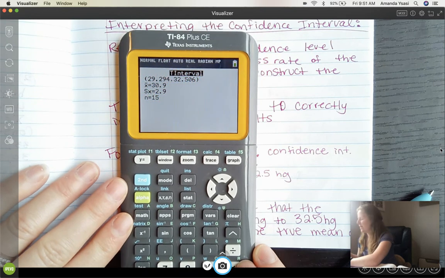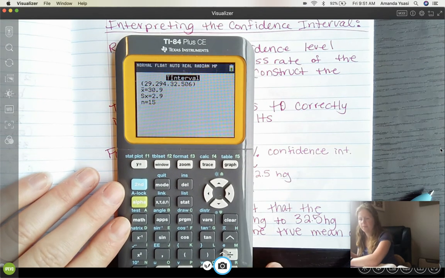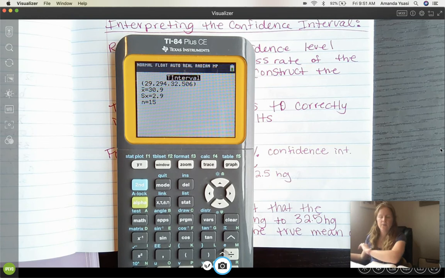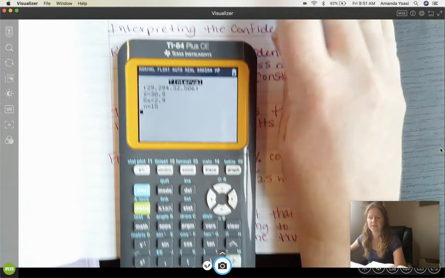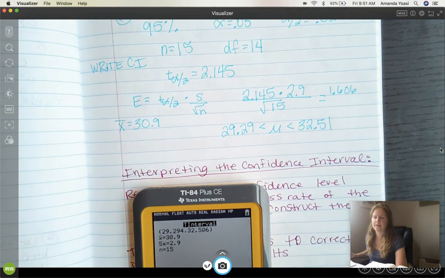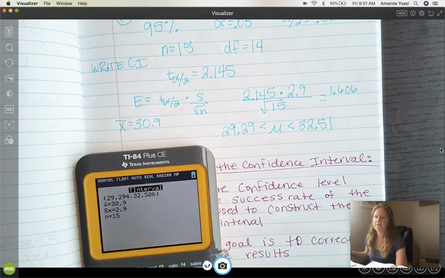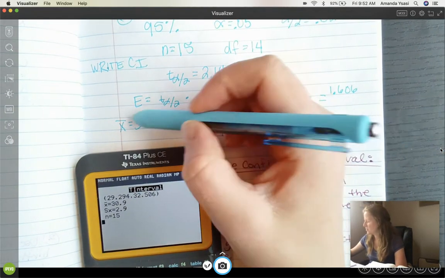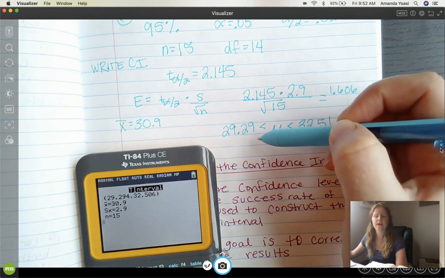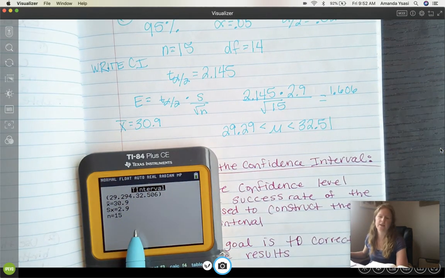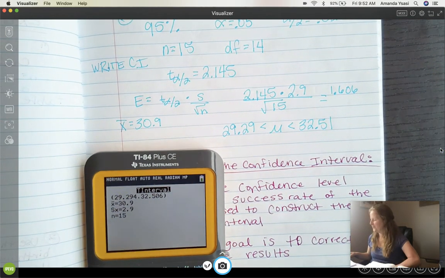Okay, now it's the same. So why was it different? It was because for the data, I was using the actual data, not rounded data. Here, I'm rounding things. But if I use the rounded numbers, which was the 30.9 and the 2.9, then I would get the same thing that I got a minute ago.